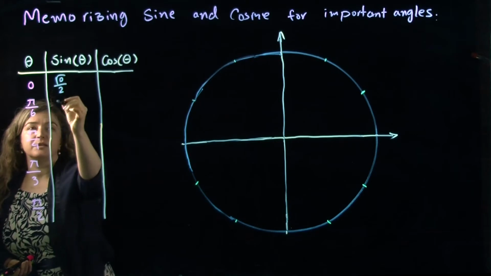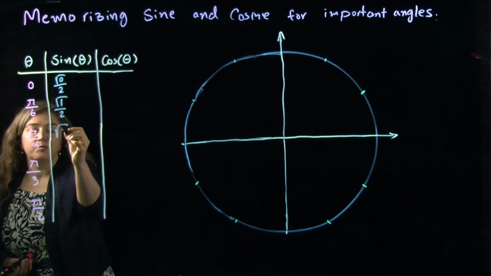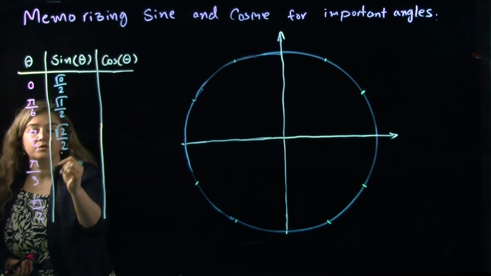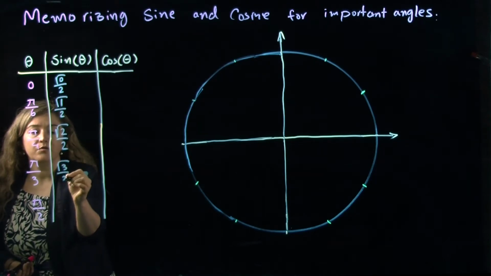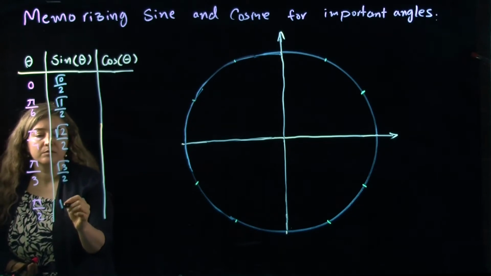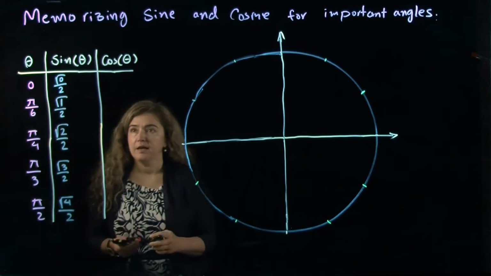For pi over 6, square root of 1 over 2. For pi over 4, square root of 2 over 2. For pi over 3, square root of 3 over 2. For pi over 2, square root of 4 over 2.